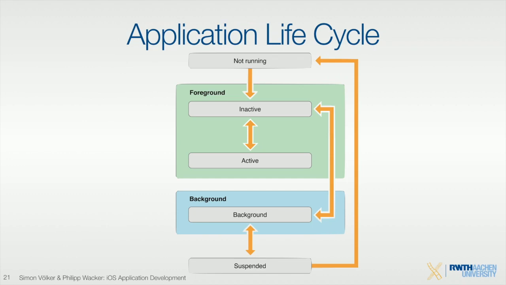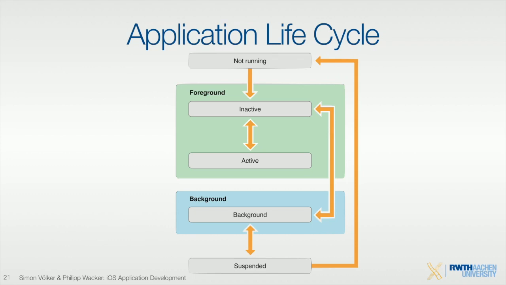When the user then switches to another app or closes this app, or if some other interruption comes in, like a call on the phone, then it will traverse back into the inactive state and switch to the background. Now, in the background, it is still possible to execute code, but it's only for a limited amount of time that you have.